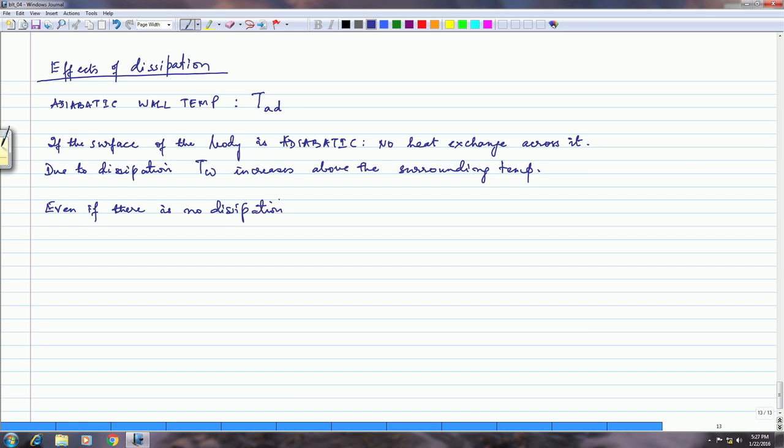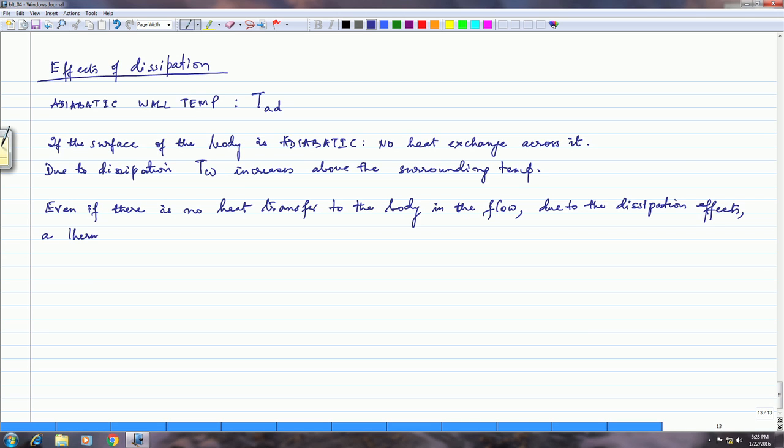Even if there is no heat transfer to the body, in the flow, due to the dissipation effects, a thermal boundary layer is formed.